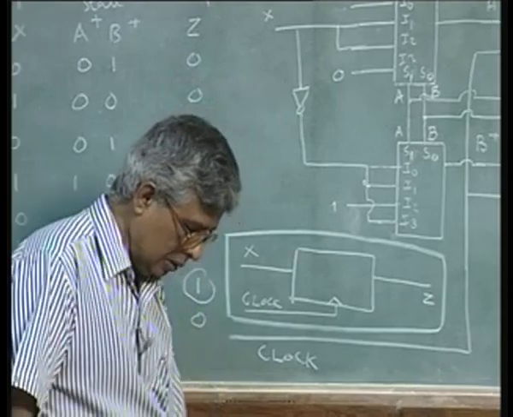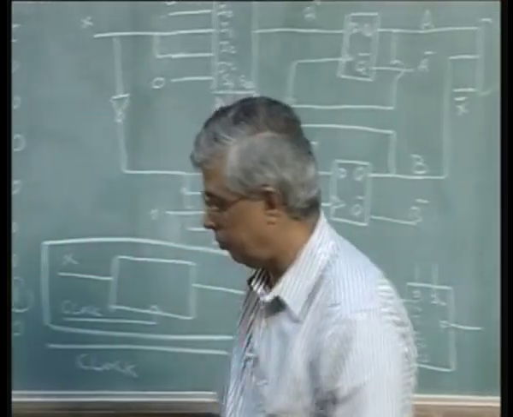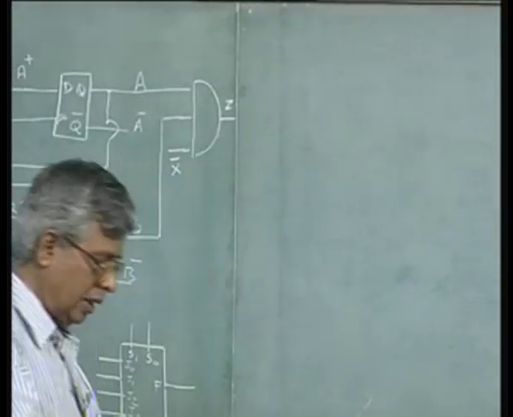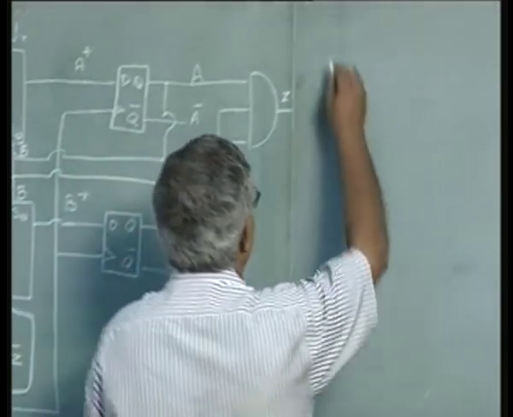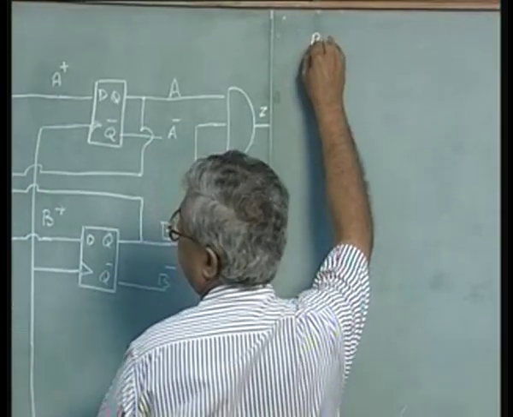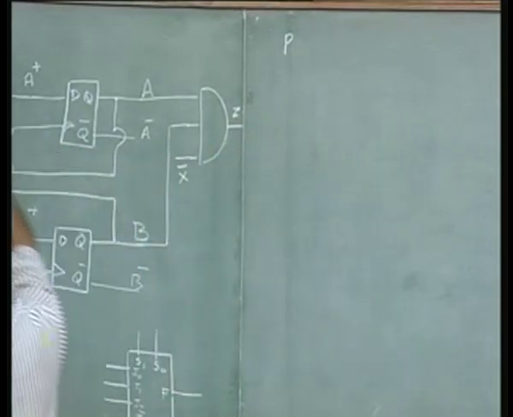Let us move on. We can make it even simpler than this. The next thing we saw was ROM based design. So, can we use now ROM instead of this multiplexer based design, mux based combination logic?